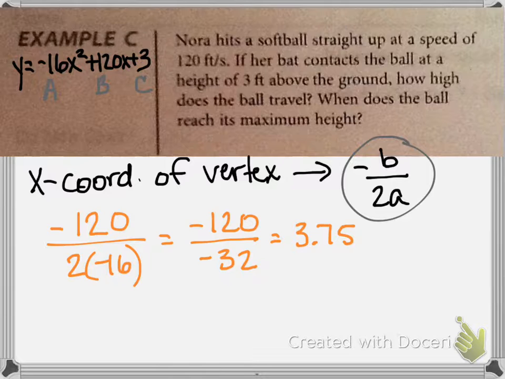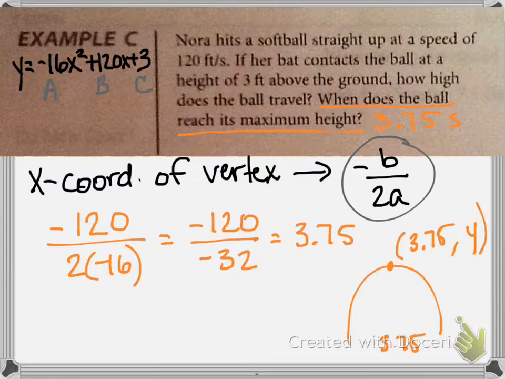So that actually answers the second question: when does the ball reach its maximum height? I'm just going to put 3.75 seconds, leave that there, and answer the whole question together at the end. How high does the ball travel? If it reaches that maximum height at 3.75 seconds, that's my x value. The height of the ball is my y value. How do you think I could find y? If you said plug it into the equation, you are 100% correct.